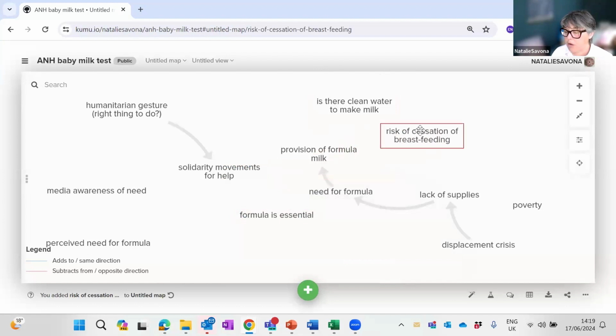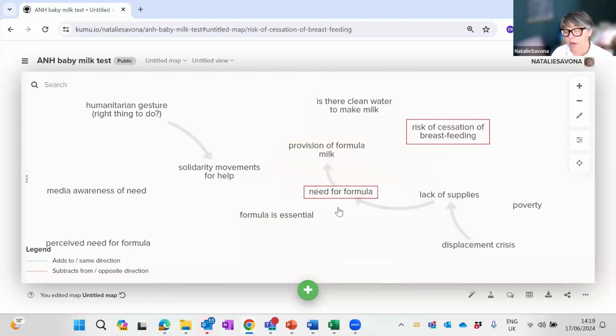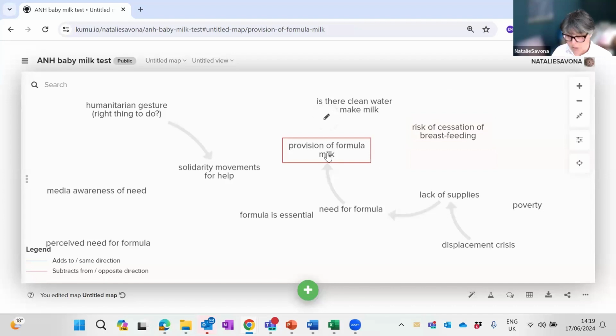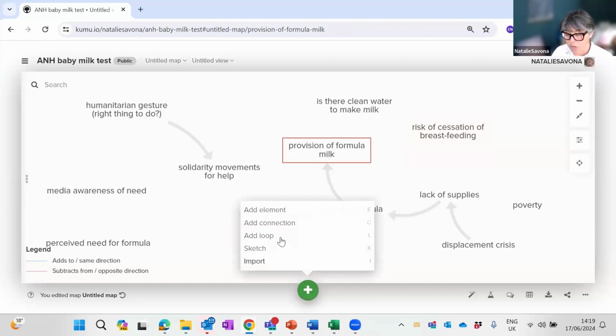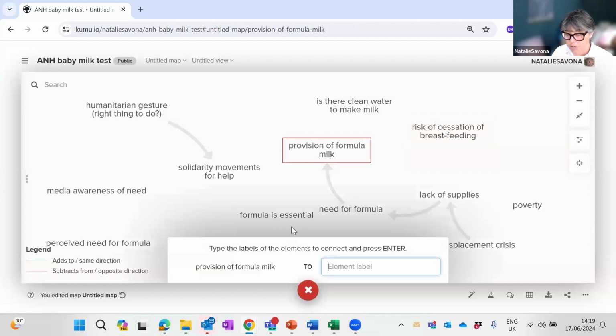Okay, so I'm going to put that over here. And so what we're creating is some loops here. The provision of the formula milk means that there's a risk of cessation of breastfeeding. So what I'm doing is connecting them. You can go here on Kumu and it says add a connection. And because I've clicked on here, it puts formula milk first. And then here I want to type in risk. So we've got, and it's going to link to that.